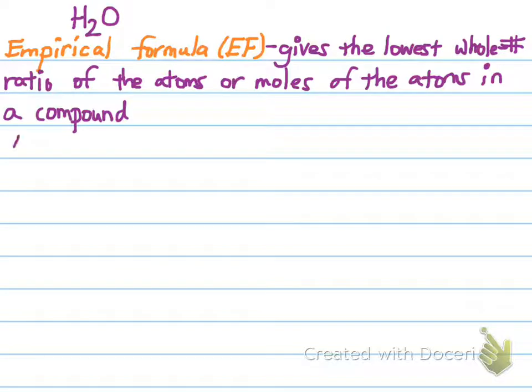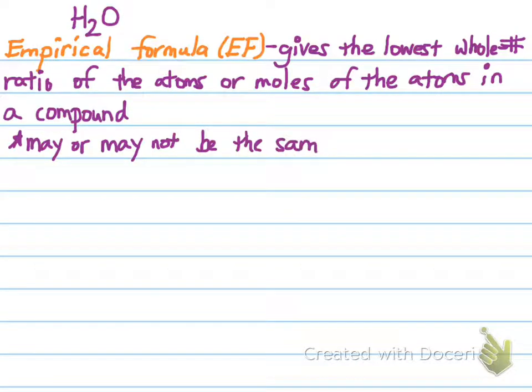So our empirical formula may or may not be the same as the molecular formula. For ionic compounds, because that last step is the simplest whole number ratio, empirical formulas and formula units will be the same.